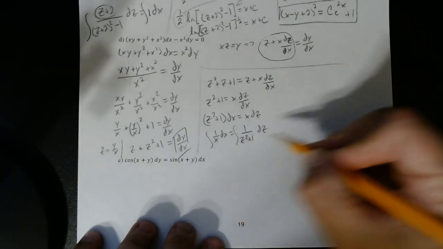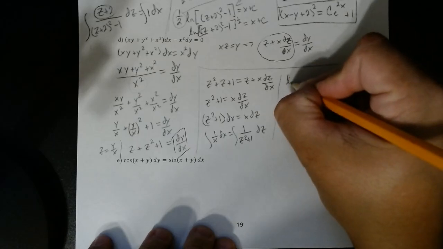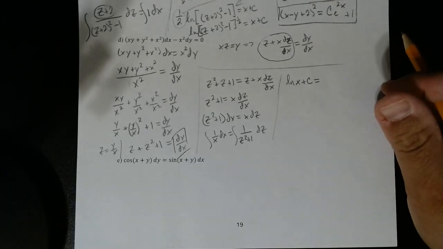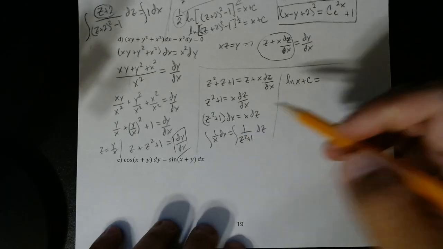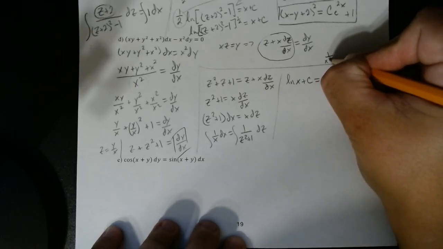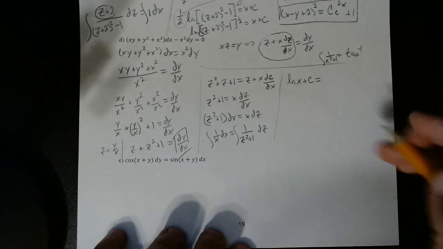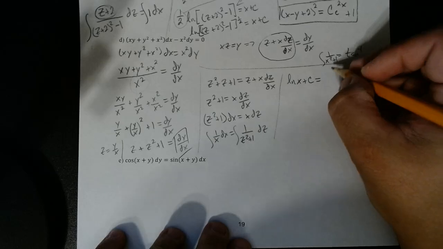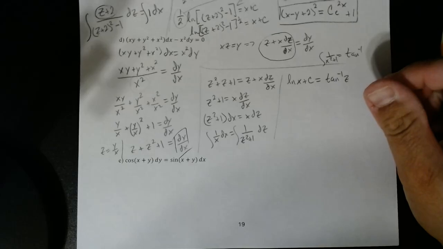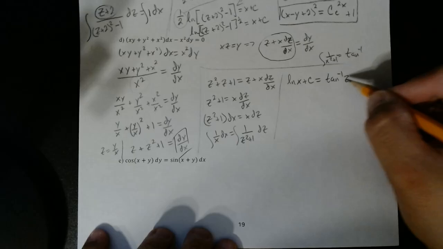So now we take the integral of both sides. Okay. So again, this ends up being ln of x. And on this side, this is a very famous one. This is tan inverse. So if we just make a quick little note, that is tan inverse, that property. So this is just tan inverse of z, and now I want z by itself, so I just take tangent of both sides.